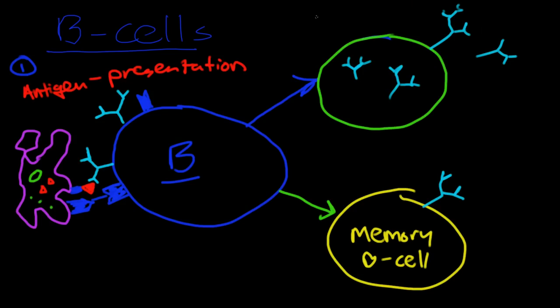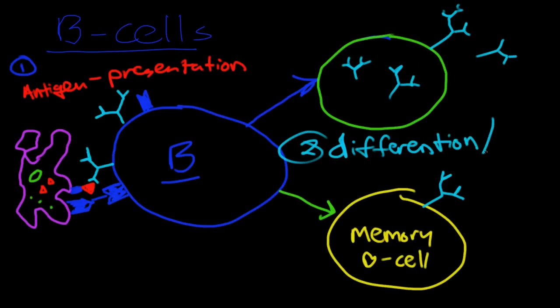So step 2 is differentiation and division. We're increasing the number of plasma cells and memory B cells specific for this infection.